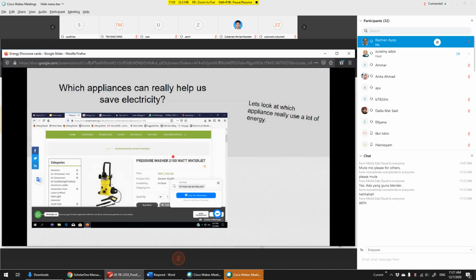Okay, if you use this water jet non-stop for 1 hour, then the amount of energy you'll be using is 2100 watt hours, which is already like 2 kilowatt hours. Okay, 2 kilowatt hours, if it's in the reduced tariff, would cost you around 45 cents. But then this is just an example of high power appliances.